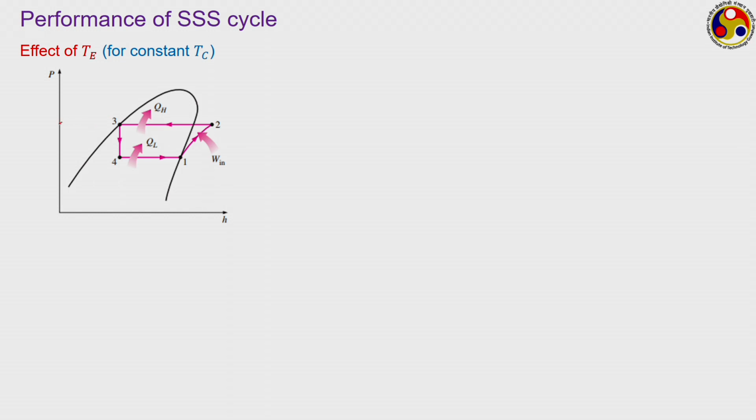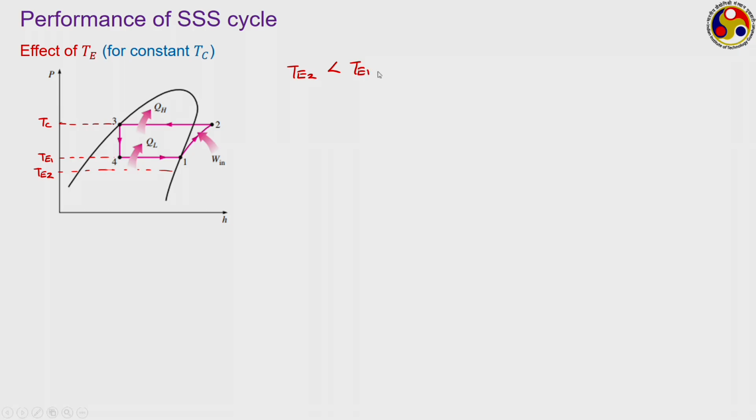Let us say initially this is the value of Tc, which remains constant, and this is your Te for case 1. Let us now choose another Te for case number 2, Te2, where Te2 is less than Te1.